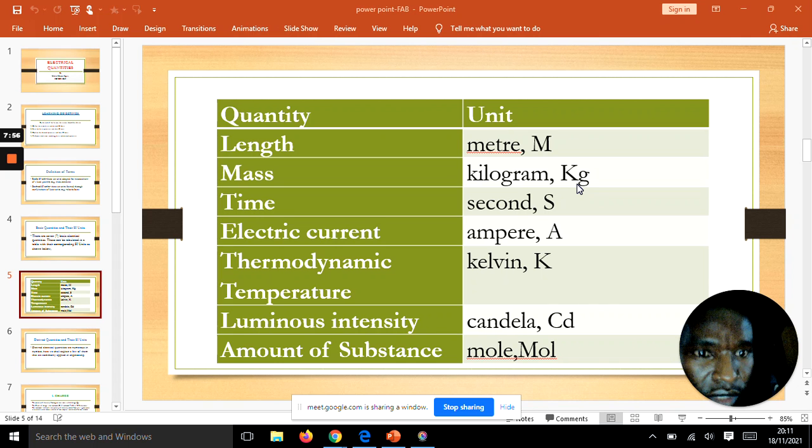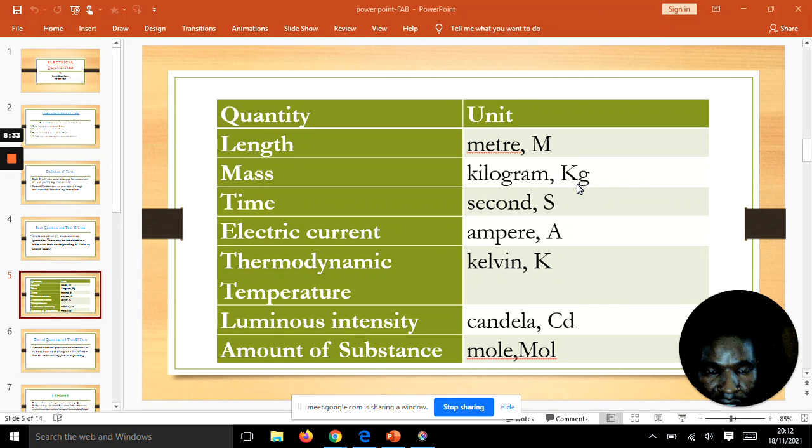Then the third quantity is time, which is measured in seconds, abbreviated as capital S. We have the electric current, measured in amperes, abbreviated capital A. Thermodynamic temperature, measured in Kelvin, abbreviated as capital K. We have the luminous intensity, measured in candela, abbreviated as cd.